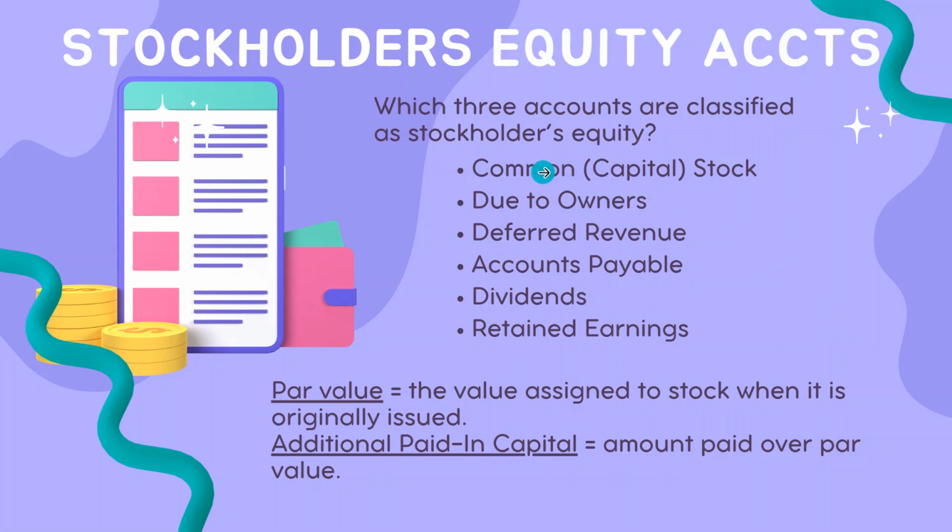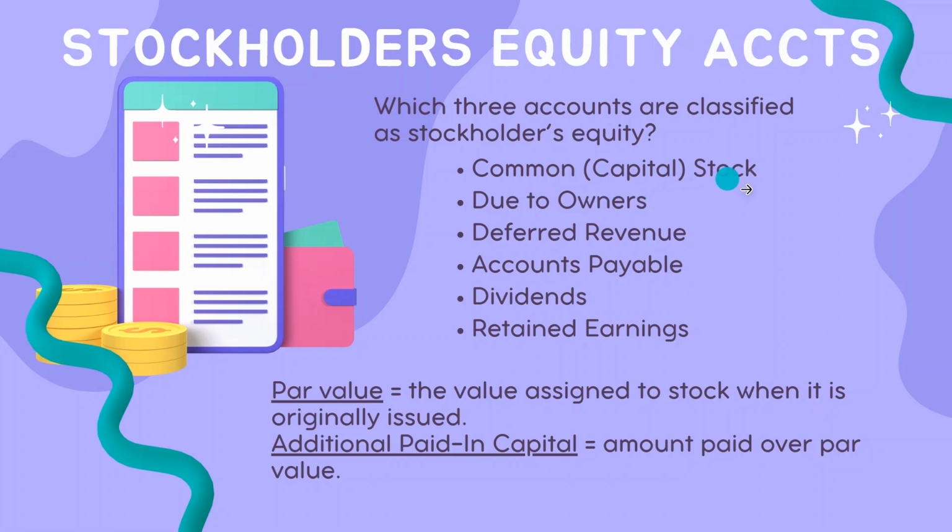Capital stock. You might also record it, put it down as the title common stock or whatever. But okay, yes. Remember, this is an equity account. It's a stockholders' equity account. This is the amount of money that you receive from your stockholders. It's an investment. Remember, this is an investment.